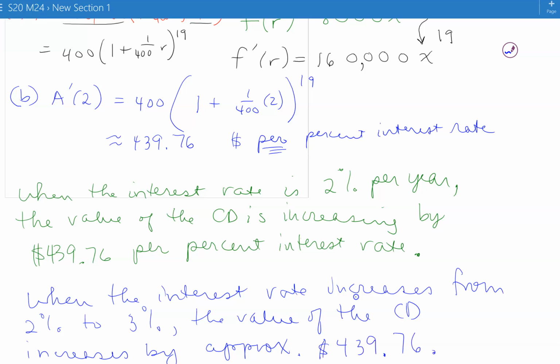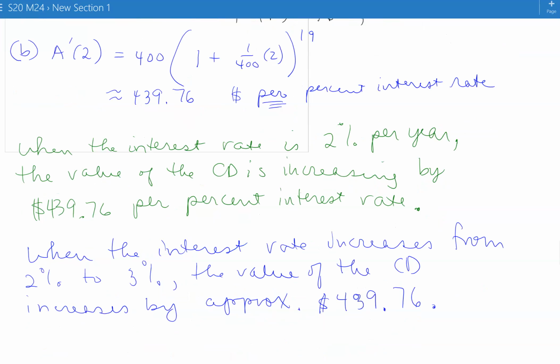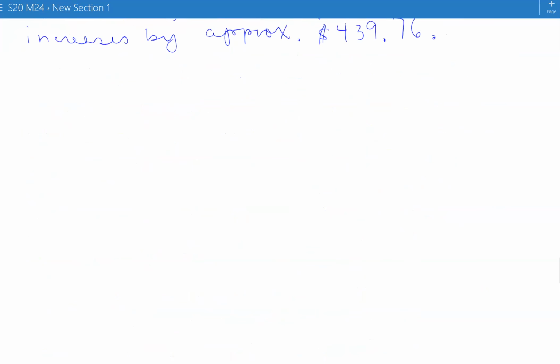So either of those is appropriate. The second one sounds a little bit more polished to me. The first one sounds a little awkward. So please make sure and ask questions if you have any.